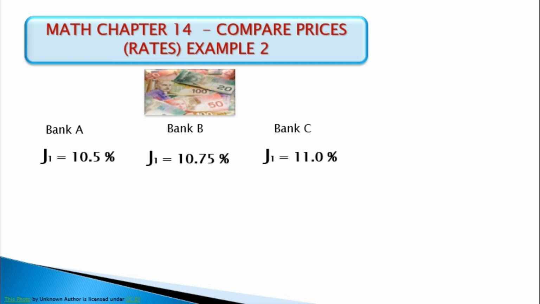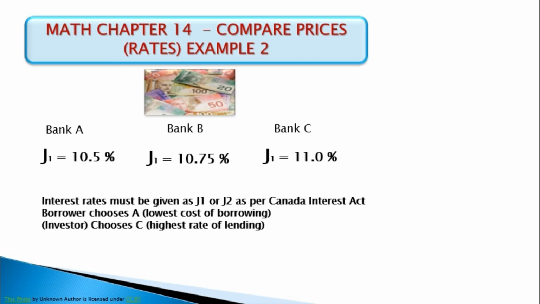And for the consumer, the borrower, the lender, and all other people relying on the information from the bank, it's very easy to compare. They can see that Bank A has the lowest rate and Bank C has the highest rate. So if a person was to borrow money, he would probably go to Bank A. If a person was to deposit money, he would probably go to Bank C, depending on other conditions also.